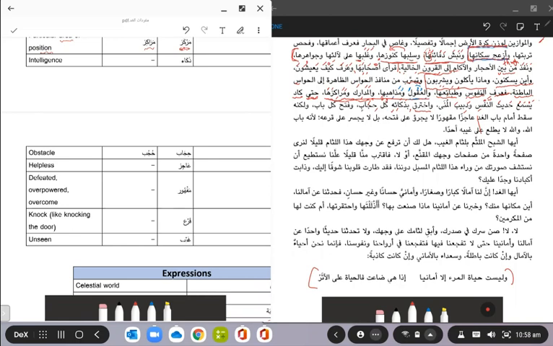It's a covering. It's a veil. Okay, but in this context, perhaps obstacle is the best meaning to choose. وَاخْتَرَقَ بِذَكَائِهِ, and he pierced through every hijab, every obstacle, right? Everything that came on its way, he pierced through it by his intelligence, بِذَكَائِهِ.